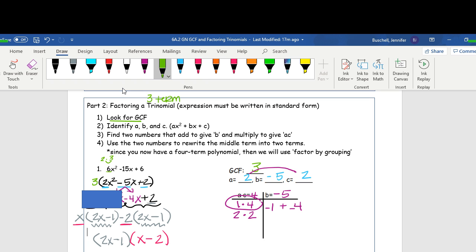My last and final step is I'm going to bring down that GCF that I originally took out, which is a 3. And here is my final answer for factoring a trinomial. I started out in standard form, and now I have finished in intercept form. If I were to graph this, standard form, I could find my y-intercept. Intercept form, I could find my two x-intercepts.